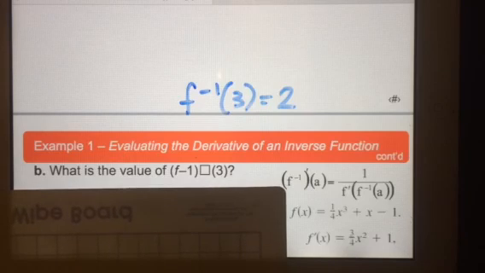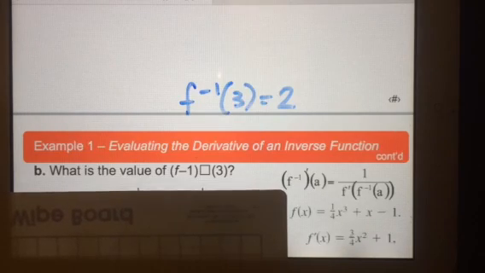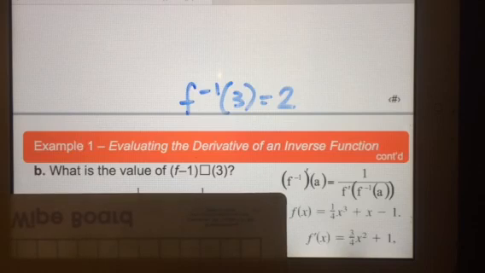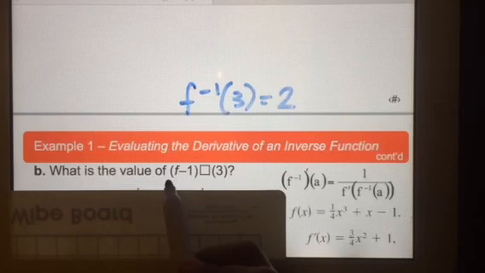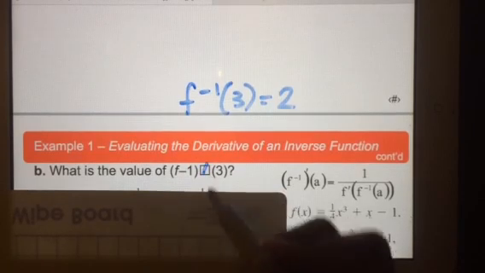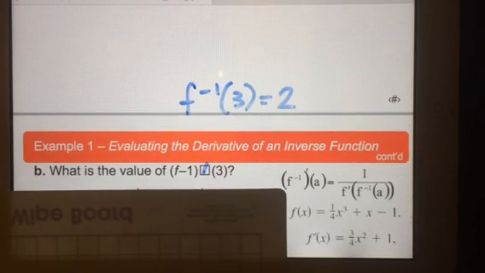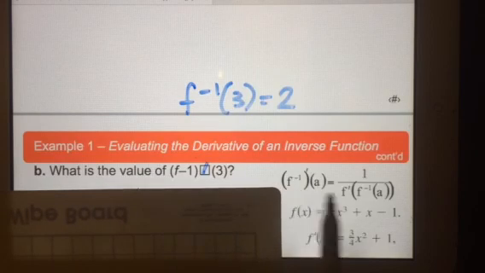So this time, what we are going to do is evaluate the derivative of an inverse function. So instead of just getting f inverse of 3, we're going to find the value of f inverse prime of 3. And to do that, we are going to use the following formula.